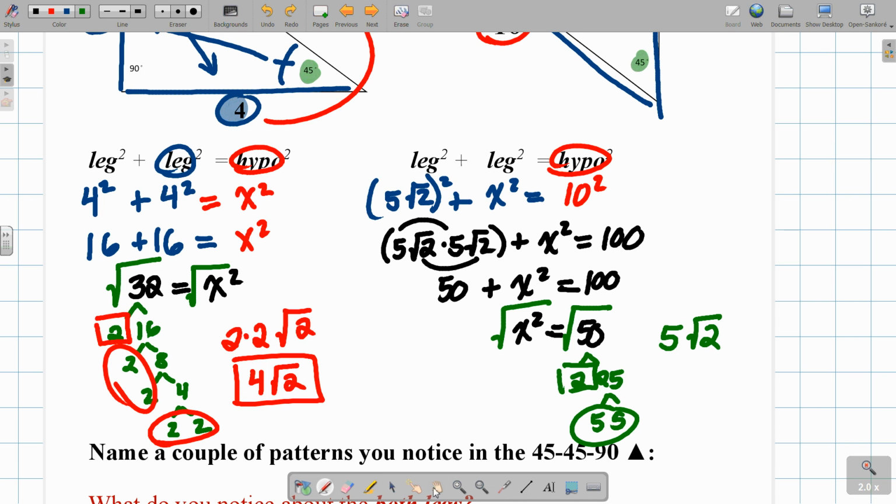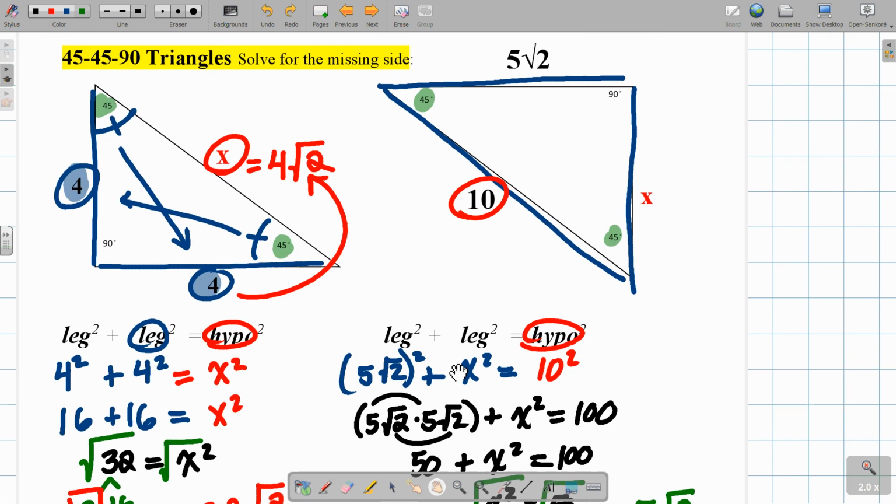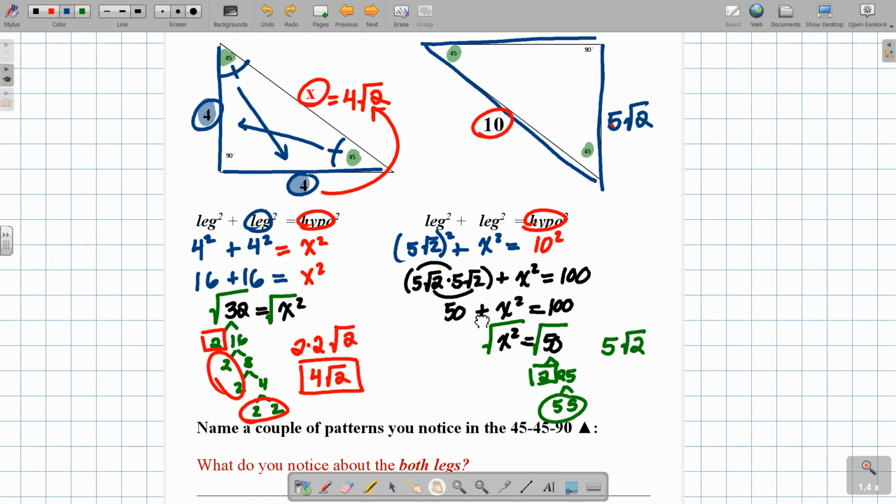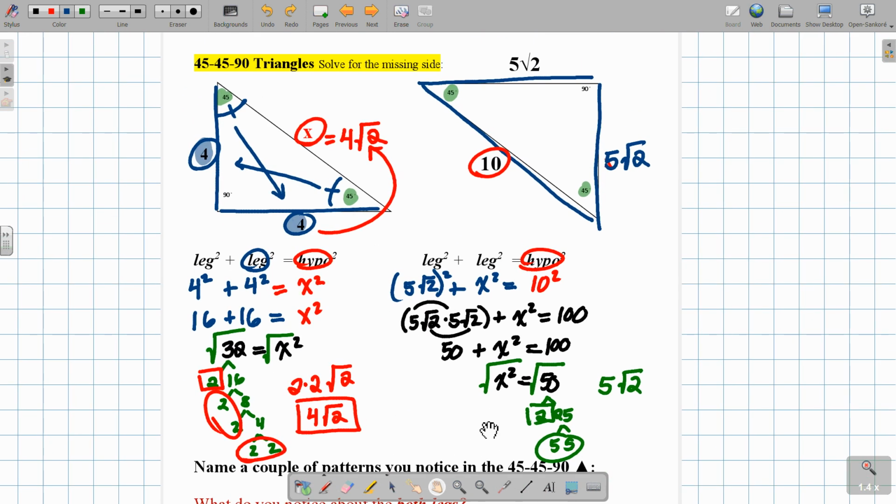So our leg here is going to be, as we can see, 5 root 2. Now, there is a pattern. Both these triangles follow the exact same pattern. It is your job to figure out what that pattern is, and it's the exact same one for both.